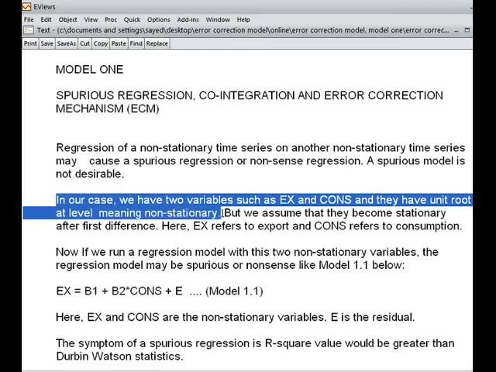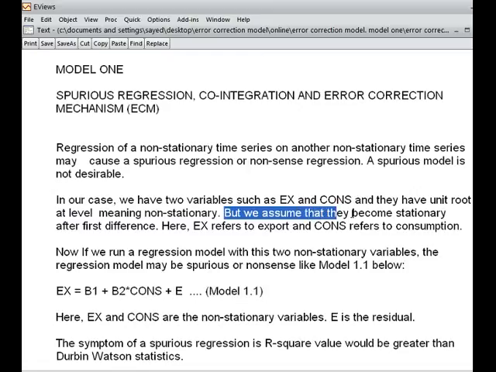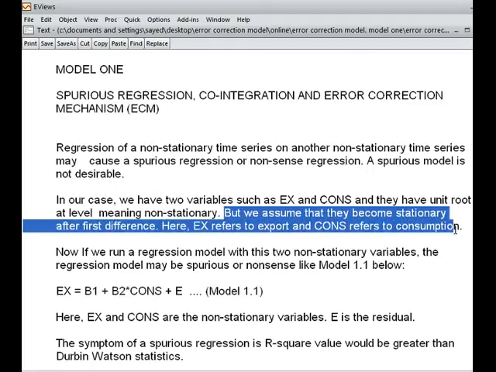Suppose we assume that they are non-stationary, but we also assume that they become stationary after first difference. That is also our assumption.